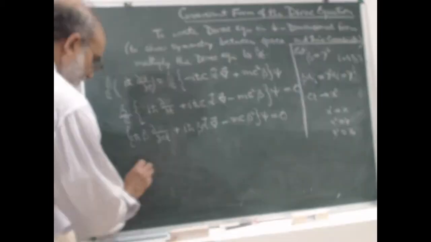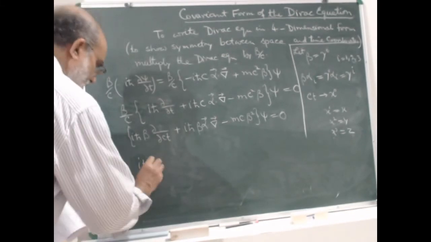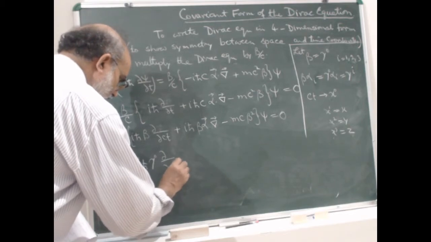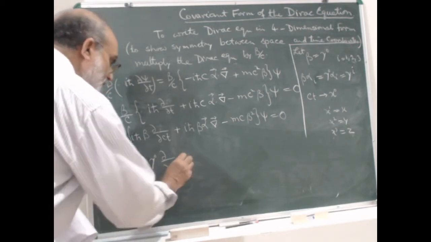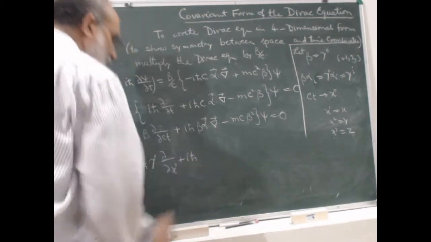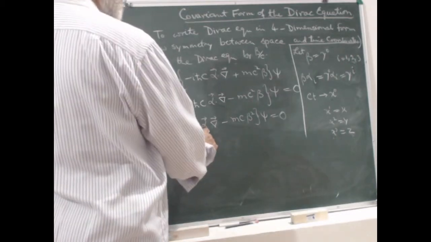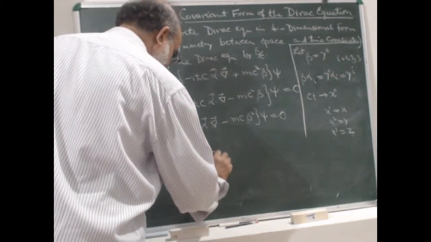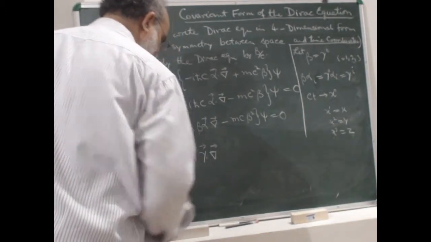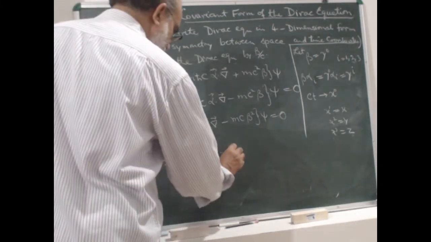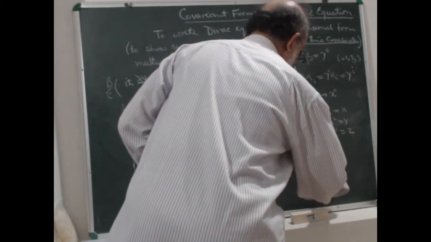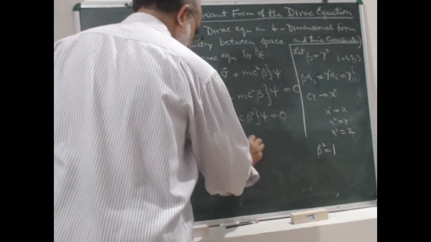So here we have i h cross gamma 0 delta by delta x0 plus i h cross, this is beta alpha, this will become gamma, minus m c, and it's beta square, and we know that beta square is 1, so this becomes 1.